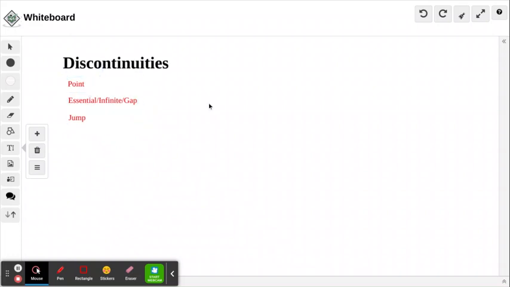So first, let's talk about a point discontinuity.